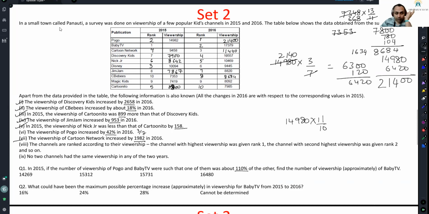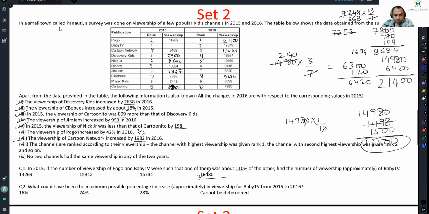I know Baby TV's viewership has to be more than that of Pogo. So cancel. So 14980, add to it 1498, or simply add 1500 to it. Can you see roughly you will get around 16,500. Among the available options, the closest one to that is 16480. So that has to be the answer.